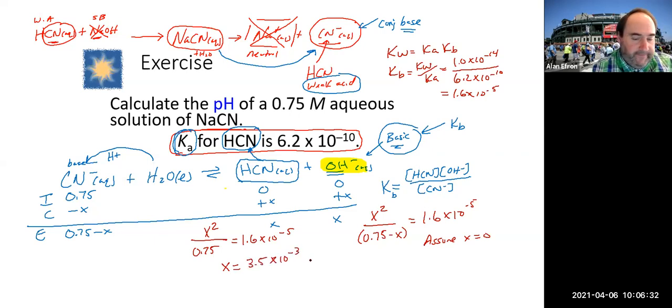We do want to check it since we did make the assumption. So here we're going to divide it by 0.75, times it by 100%. And in this case, I think we probably should be good. We're like 0.4%. So the check is good here.